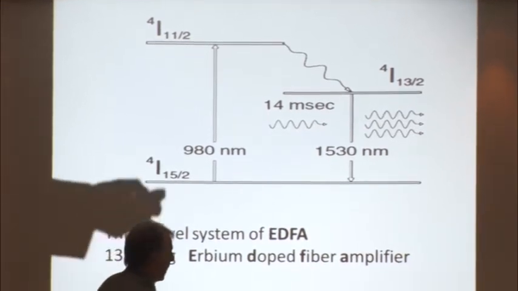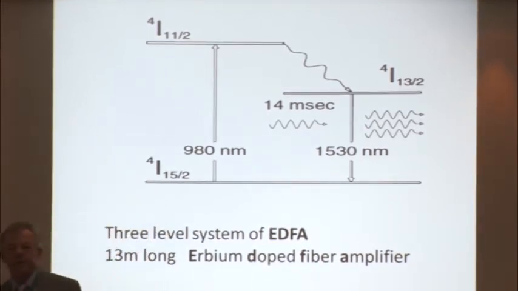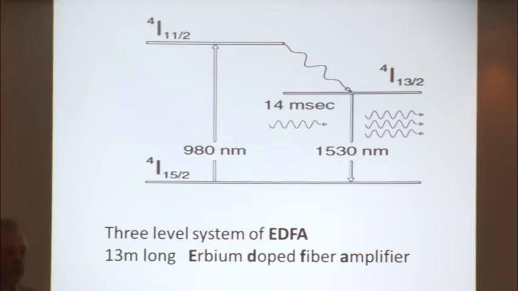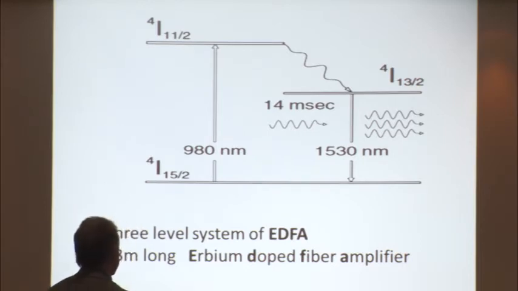So this was classical physics, and now I show you a very important device of the last 20 years, used in our long-distance fiber signaling, for instance, from Europe to the United States underwater.